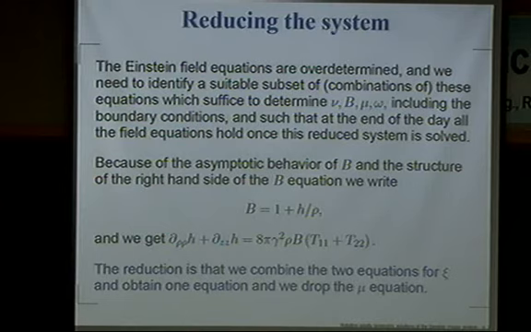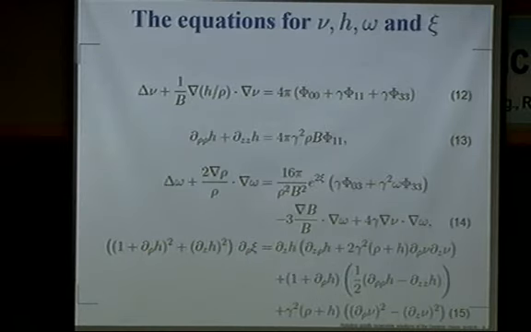I think we have made a good choice by now. So what we do is first, before we do the reduction, we introduce a new function h, which is related to this metric function b in the following way. That is, the equation for b takes quite a simple form. The reduction we do is then that we combine the two equations for psi, and we drop the mu equation. So the four equations we then get are those.